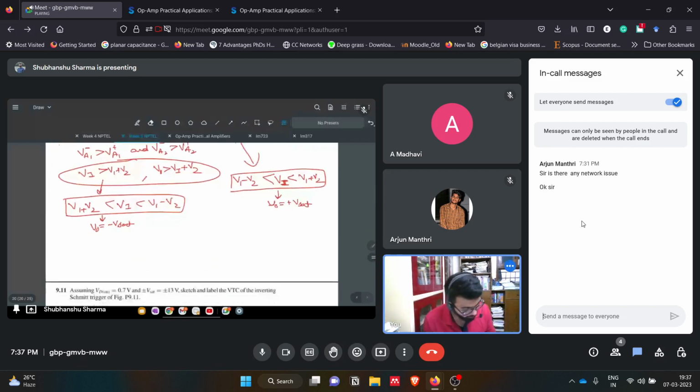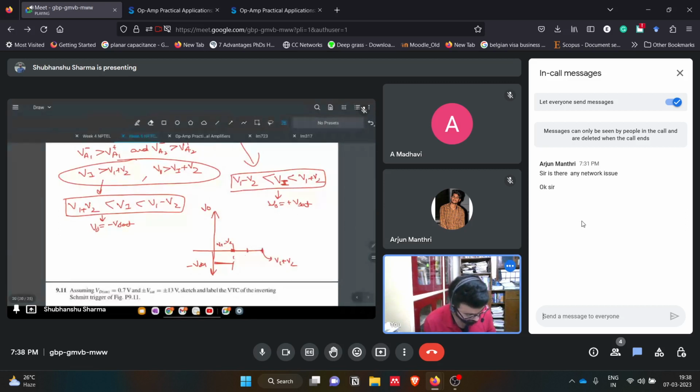Now how will we plot the VTC? We have V naught here, and let's say minus V saturation we have like this. Minus V saturation holds till the point V1 minus V2, and this point is V1 plus V2.